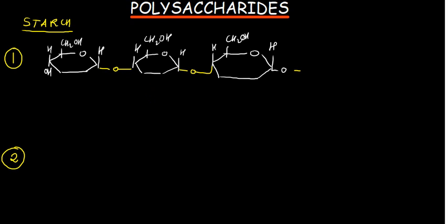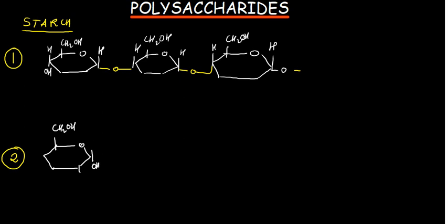Okay. So for the second one, I'm also going to put the same alpha glucose molecules. We have CH2OH. Now for this one, I'm going to put first this one.